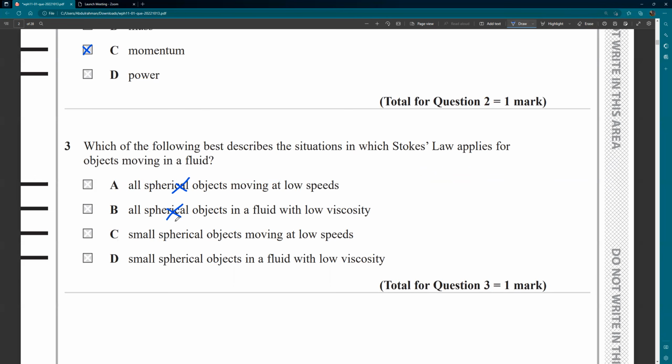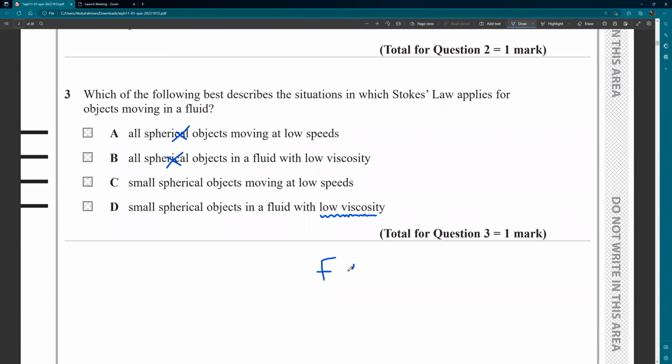Option C, small spherical objects moving at low speeds. Well, that sounds like a very good option, but let's have a look at D in case it's better. These are small spherical objects in a fluid with low viscosity. Well, if you have a low viscosity, there's not going to be that much viscous drag, because the viscous drag is proportional to viscosity.